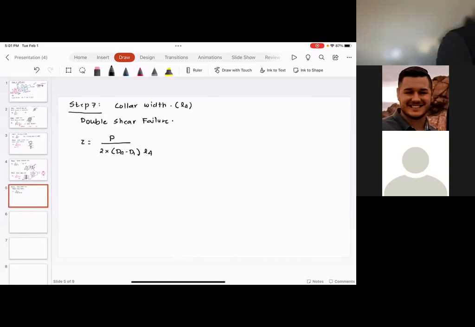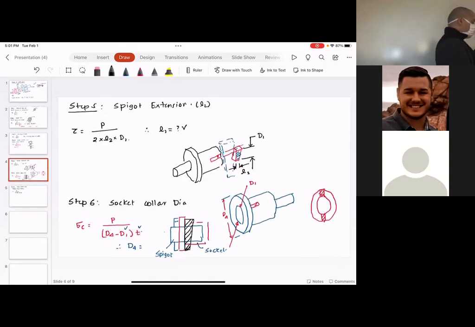So how does collar width come into the picture? I want you to understand, just look at the same type of failure, and the cotter kind of slices through this section.